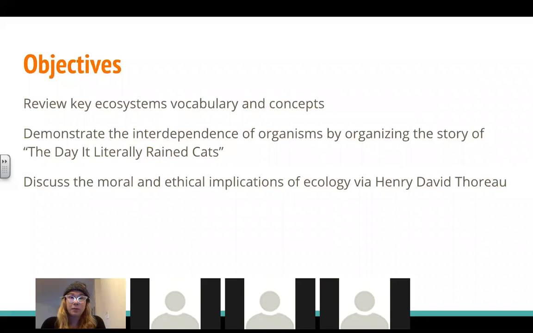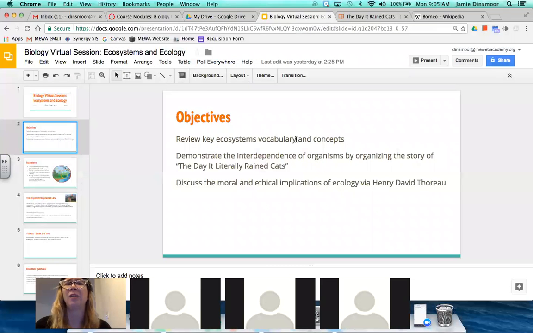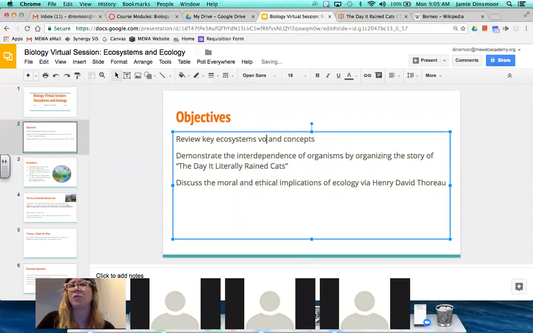So the objectives for this virtual session, we're going to review a few key ecosystems, vocabulary, and concepts. We're not actually going to review the vocabulary. I kind of changed my mind about that just because I think at this point, most people have finished this module. So we're just going to talk about the concepts here.